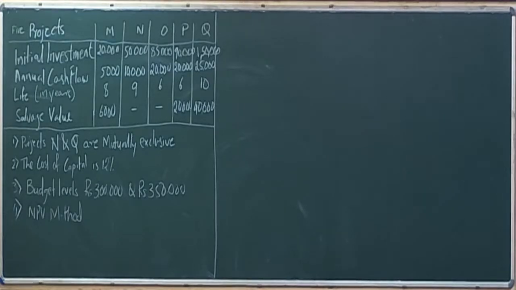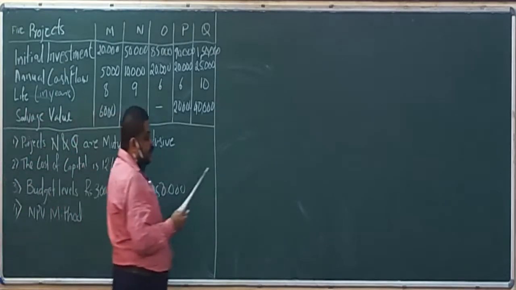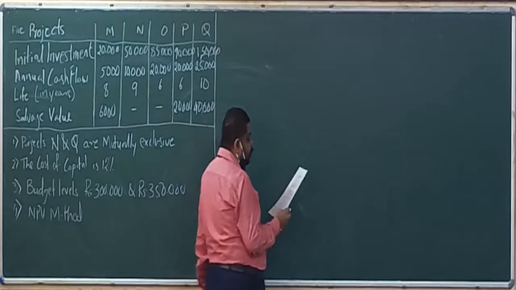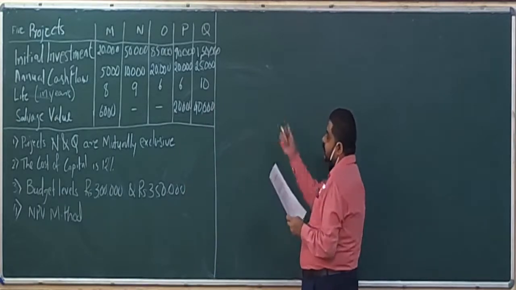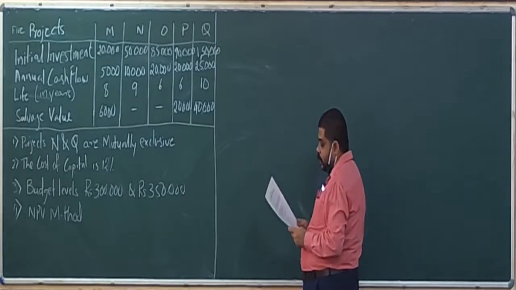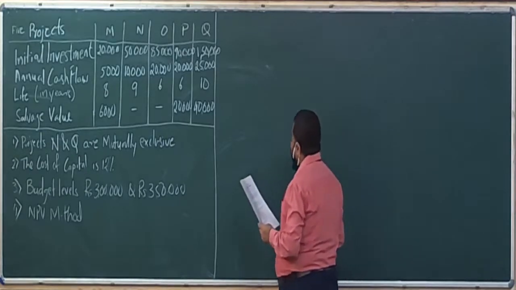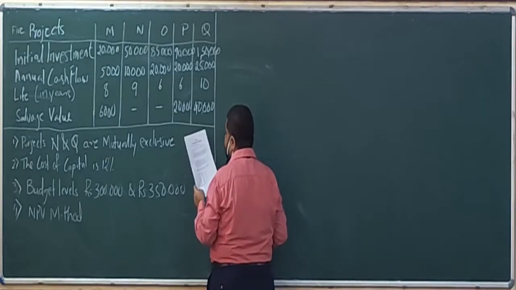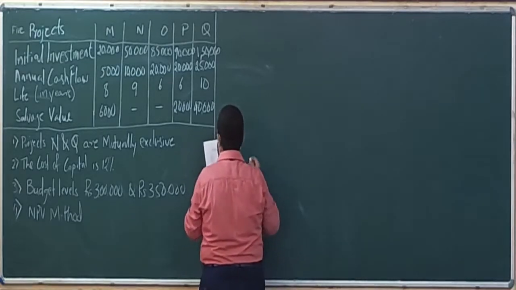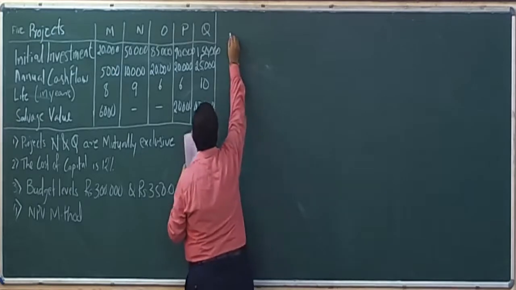Let us go ahead and solve this using the feasible combination approach, to find the ideal project out of the given data. Moving on, let us solve the NPV of the projects.